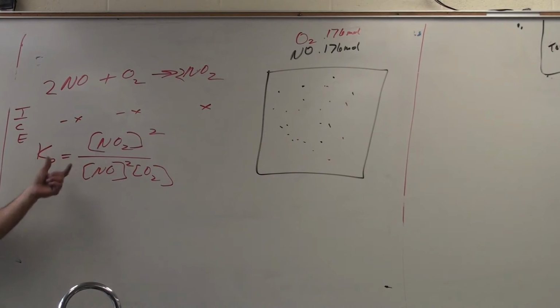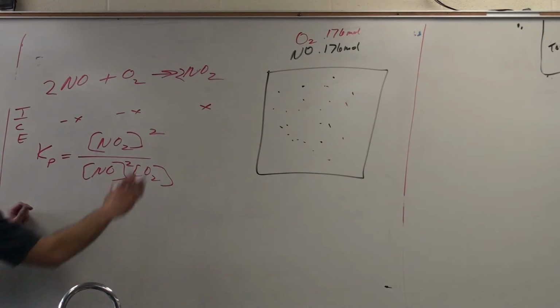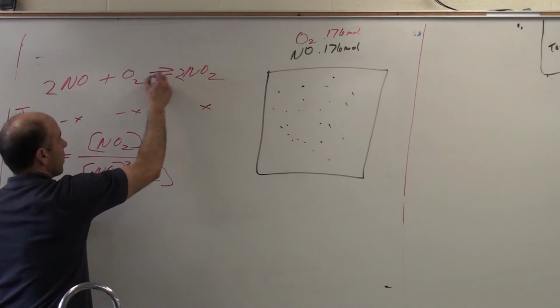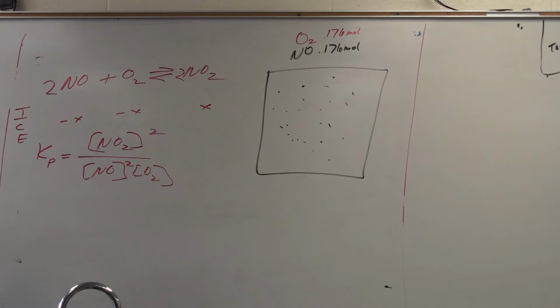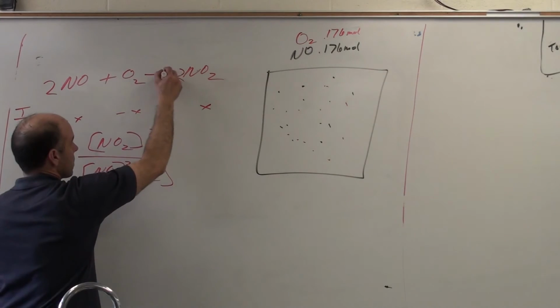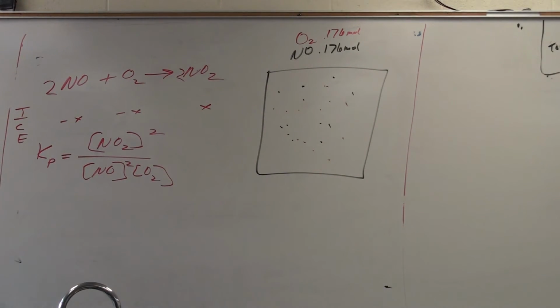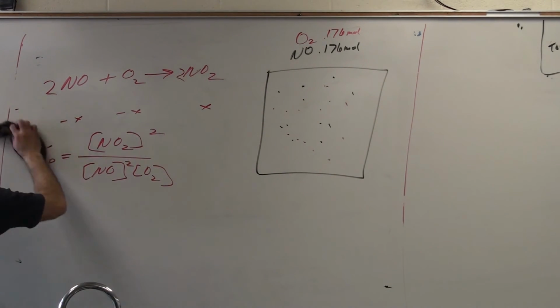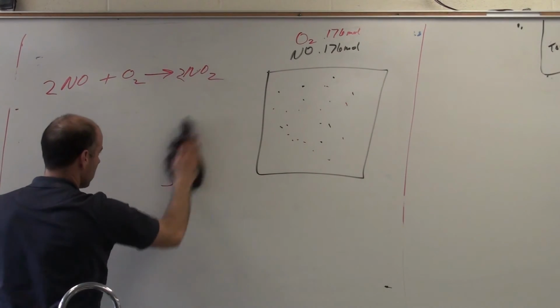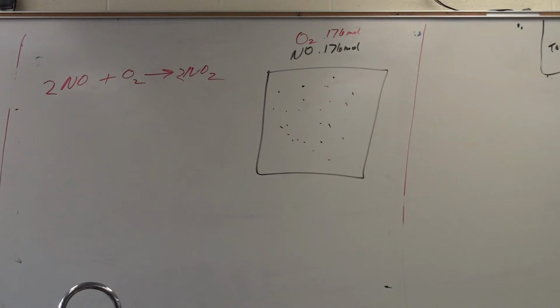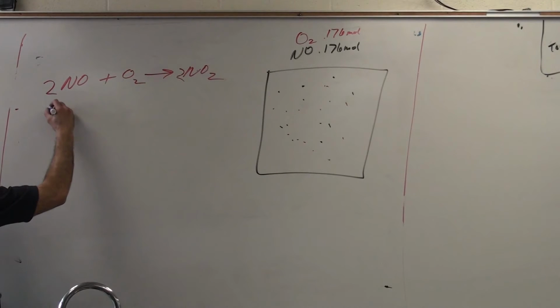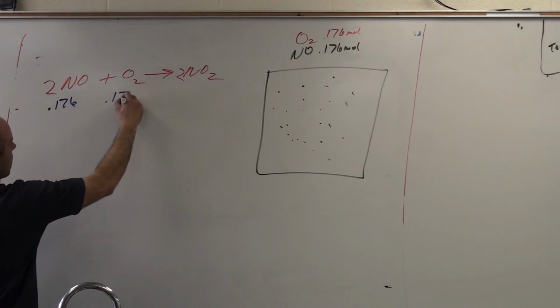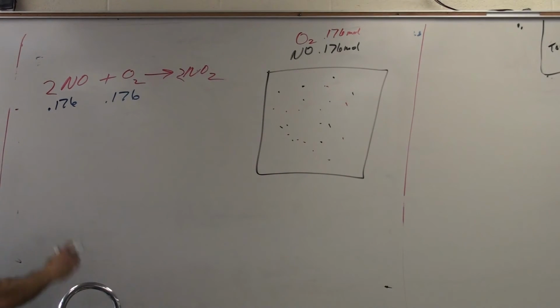They did not give us a K value. So if there's no K value, then we're assuming that the reaction is going to completion, and therefore it's just a limiting reactant problem, meaning which one are we going to run out of first? Are we going to run out of nitrogen monoxide first or oxygen first? Which will be the limiting reactant?